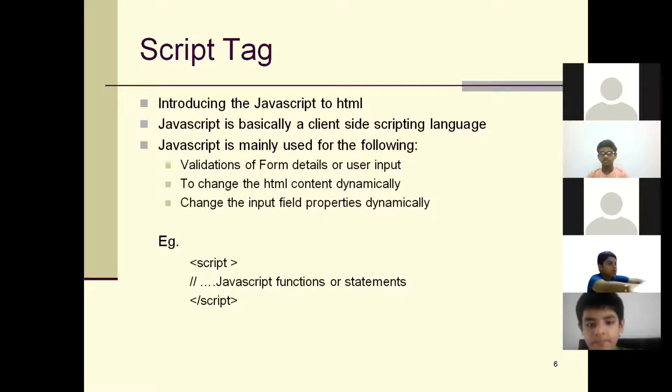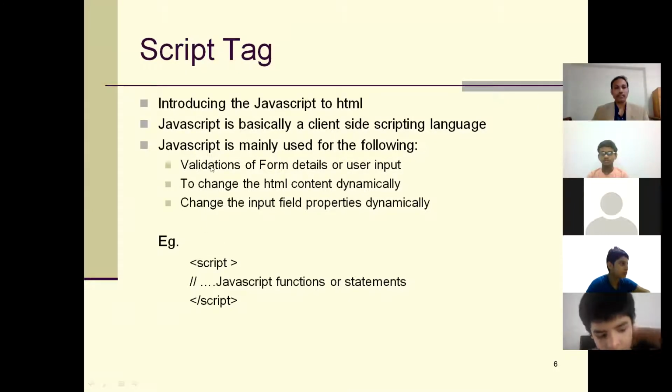When the user has entered some text, we can validate whether it is text or a number using JavaScript. Dynamically we can also generate content, and change the properties of the elements dynamically. The script tag starts with less than symbol, script, and greater than symbol.